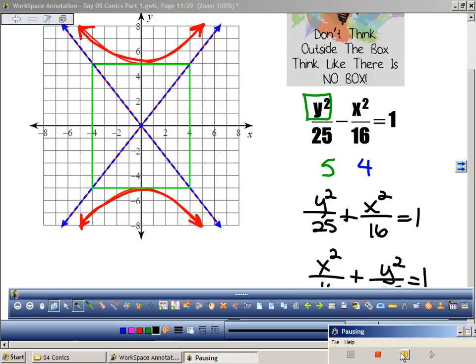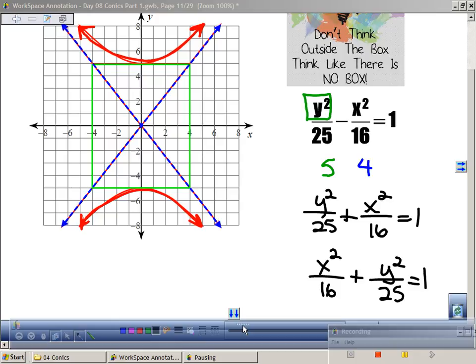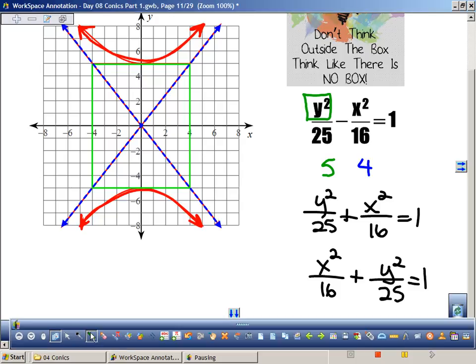Talk in your groups. Okay, guys, show me with your response sticks whether they're the same or different. Green would be the same, red would be different. Are they the same or different? These two right here.